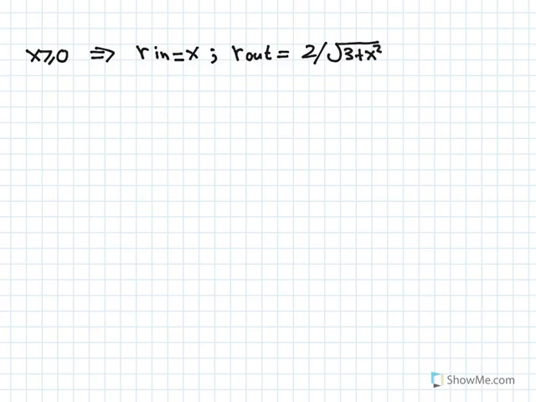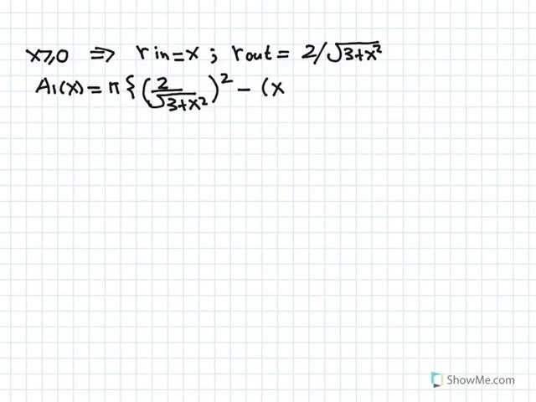So a cross-sectional slice A1 of x is going to be pi times outer radius squared minus inner radius squared. So pi times the quantity outer radius, 2 divided by root of 3 plus x squared, all squared, minus the inner radius, which is x, all squared, close the bracket. This is for x between 1 and 0.